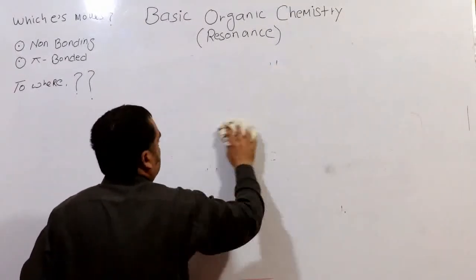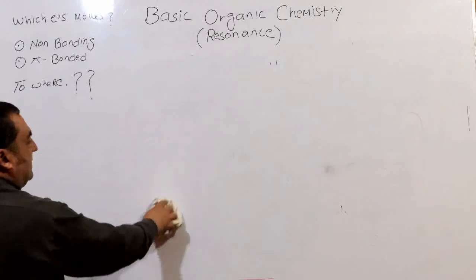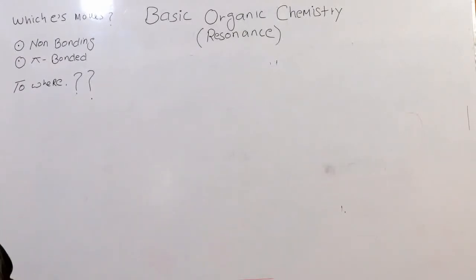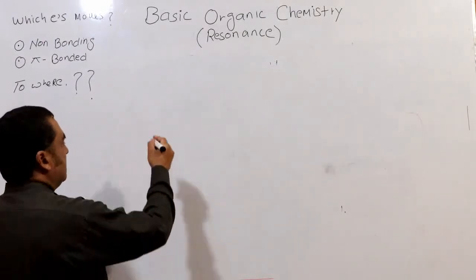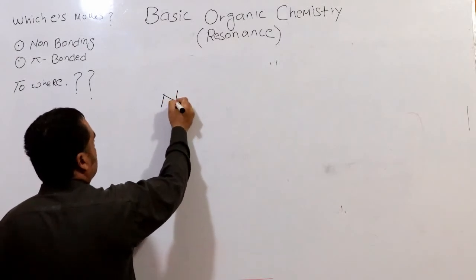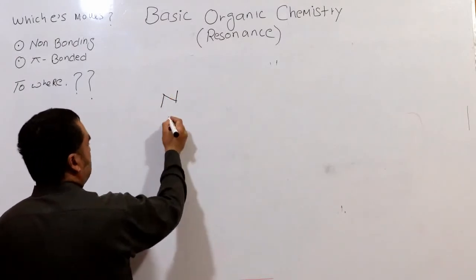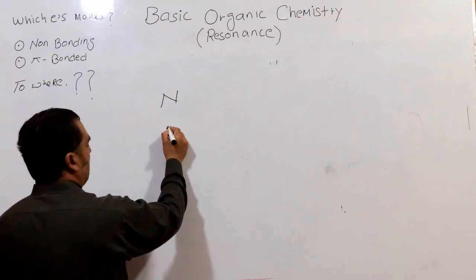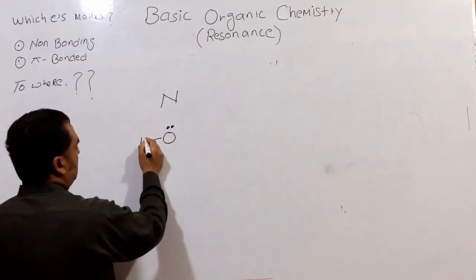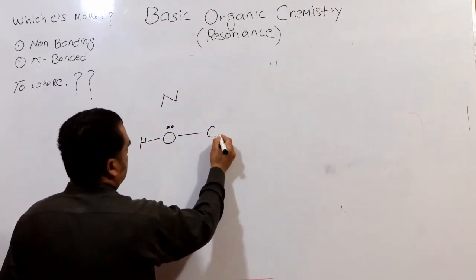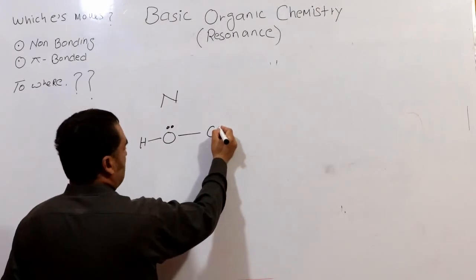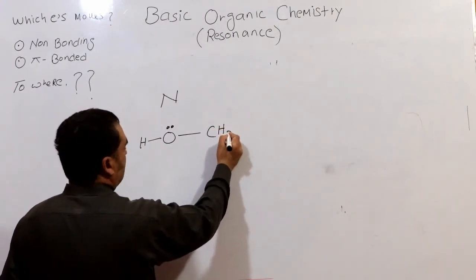Let's come to the non-bonding electrons. These are non-bonding electrons. I am writing nitrogen. You can have oxygen because it also has a lone pair, suppose, and here you have a CH3.